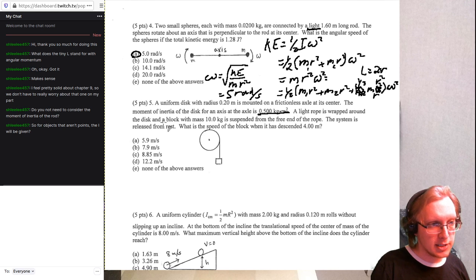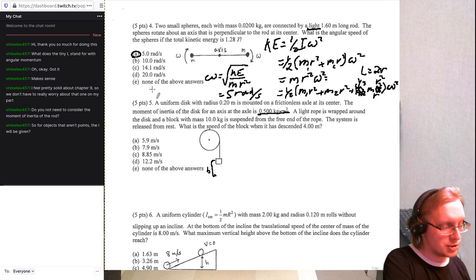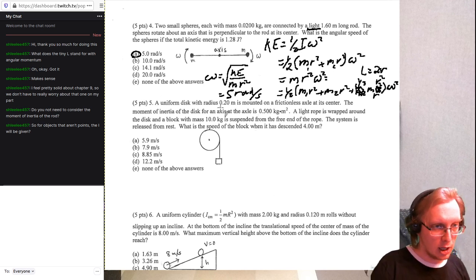Light rope is wrapped around the disk, and a block with a mass of 10 kilos is suspended from the free end of the rope. The system is released from rest. What is the speed of the block when it has ascended a certain distance? We have an H here.